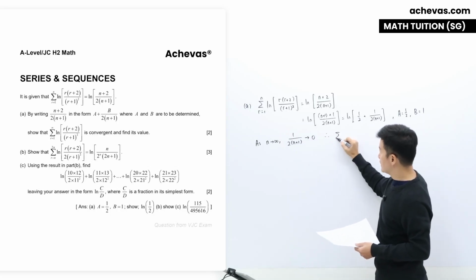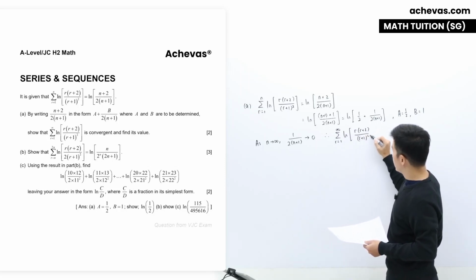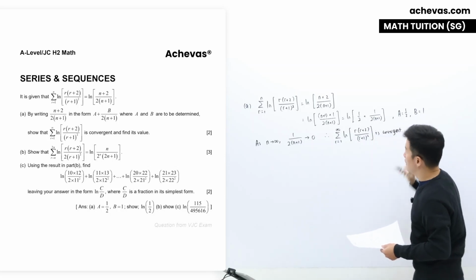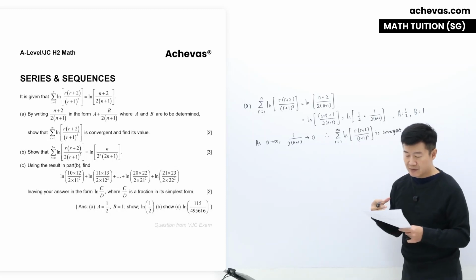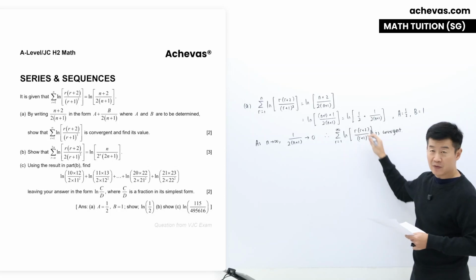So therefore, we can say that the sum from r equals 1 to infinity of ln of (r plus 2) over (r plus 1) squared is going to be a convergent series. Okay, so this is me giving the reason why this is convergent. And we want to find the value of this.